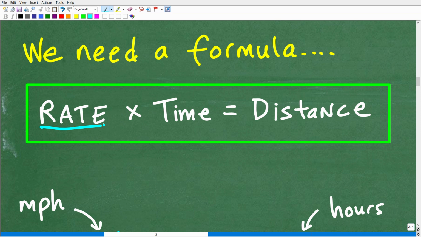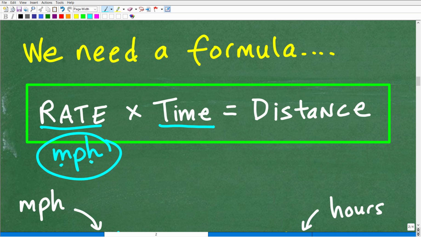So let's talk about rate. When you see the word rate, you're talking about speed or velocity. If you're thinking about how fast a car goes, a car is going 60 miles per hour or 70 miles per hour. So in this particular problem, we're talking about miles per hour. Now, our time is going to have to be related to our rate in terms of miles per hour.